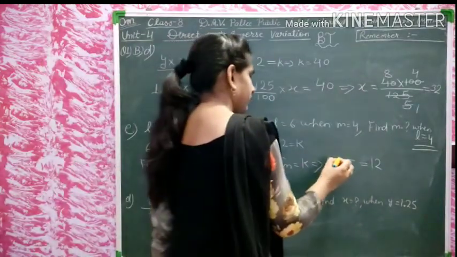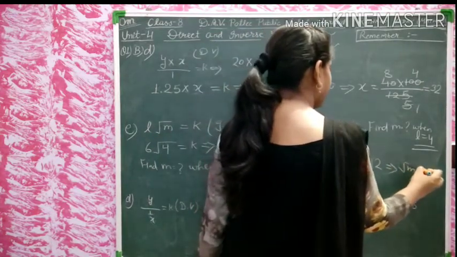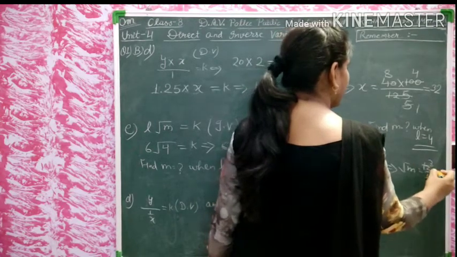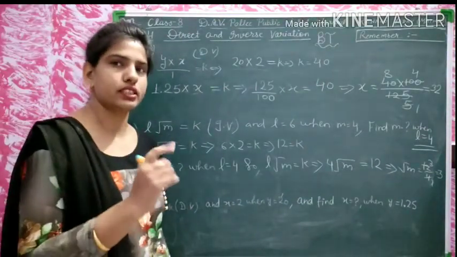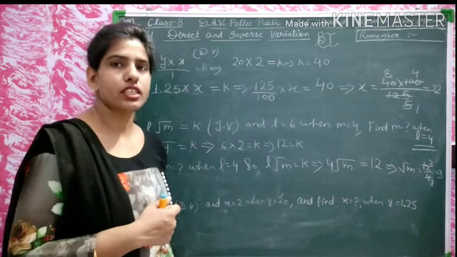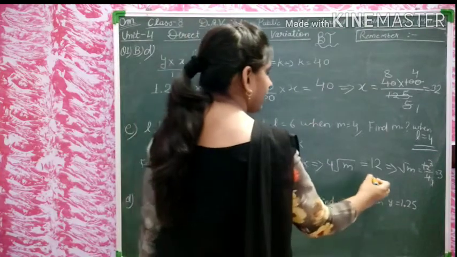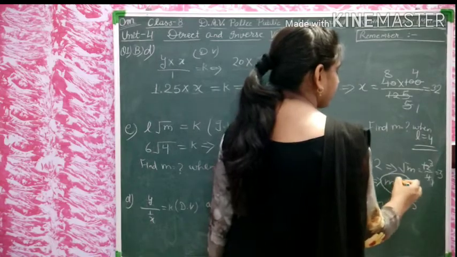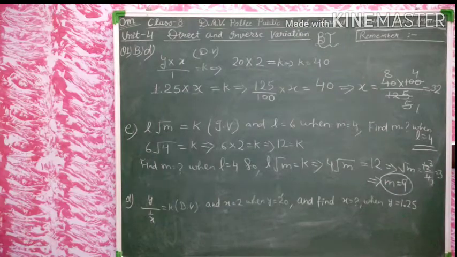So square root of m is equals to 12 divided by 4. 4 1s are 4, 4 3s are 12. Square root of m is equals to 3. Which number has square root 3? Yes, square root of 9 is always 3. It implies m is equals to 9. We get this answer. Is this clear, students? This is part E, and we get the number m as 9.